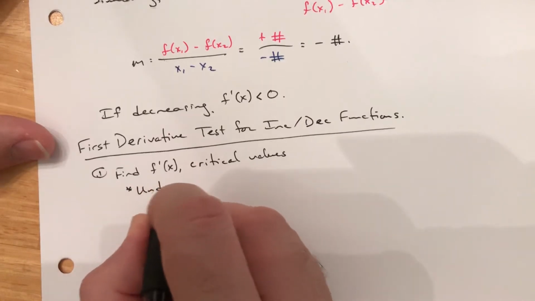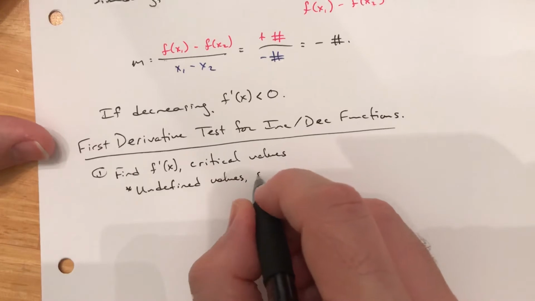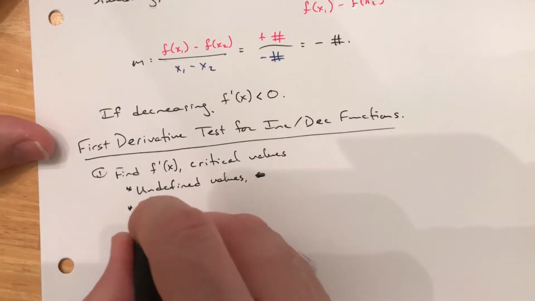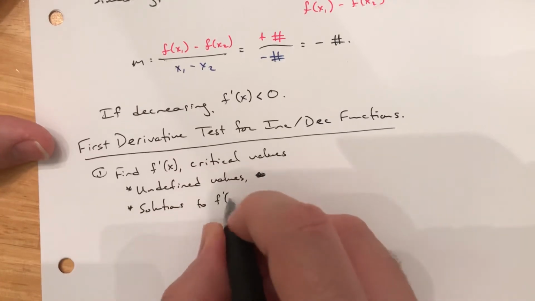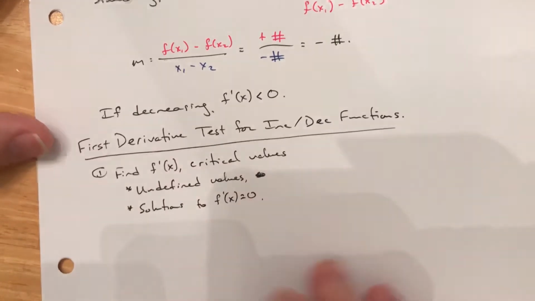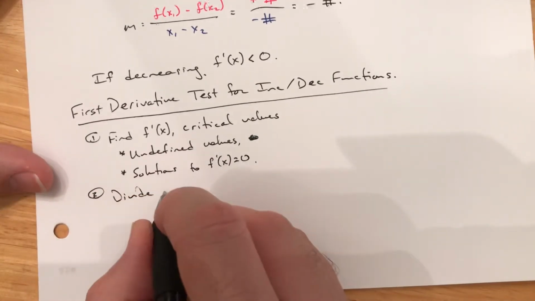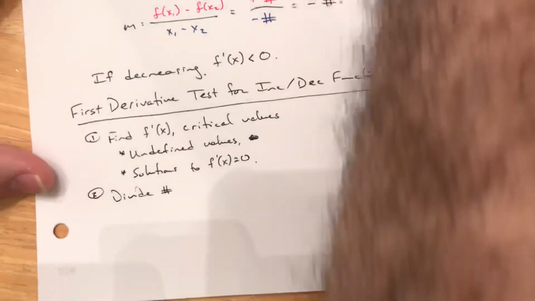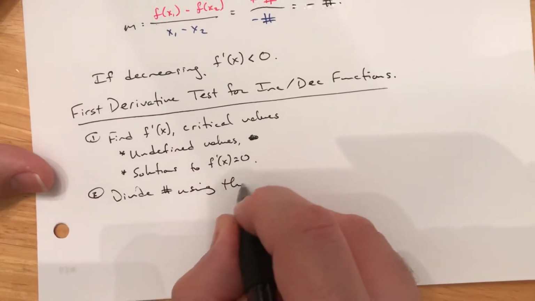That is undefined values and solutions to f prime of x equals 0. We're going to divide up the number line because our definition of increasing and decreasing was always on some interval from a to b. Where do those intervals come from? We're going to divide up the number line using those critical values.